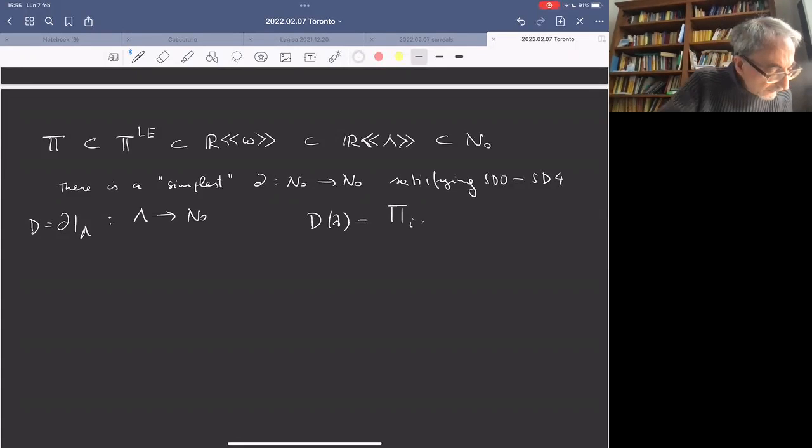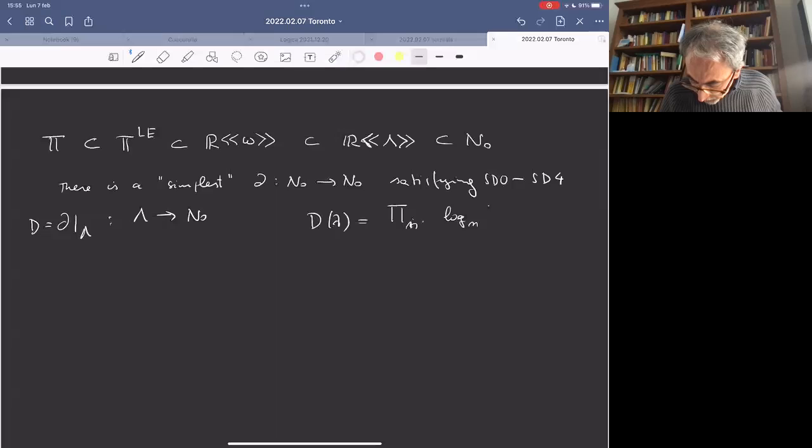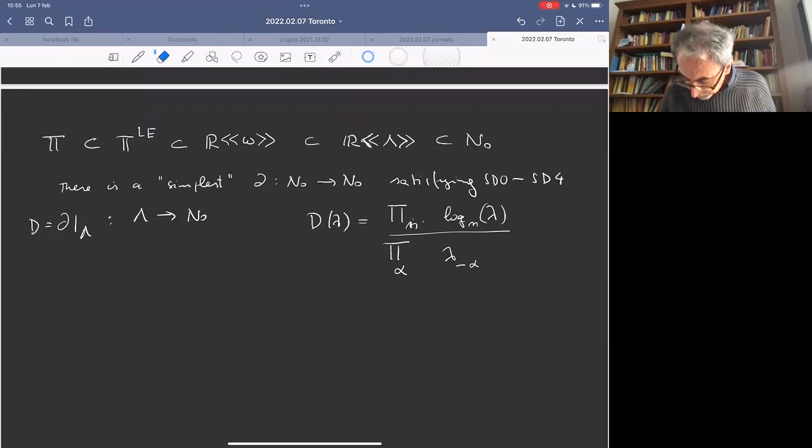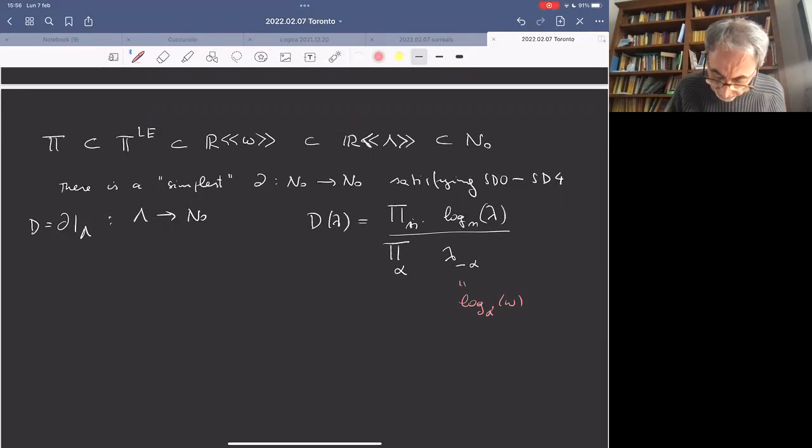Let me remind, the formula is log n times of lambda over a product, just a moment, indexed by the ordinals of L minus alpha, which roughly speaking should be thought of as log alpha times of omega, and alpha ranges over all the ordinals such that lambda minus alpha becomes bigger than some log n lambda.